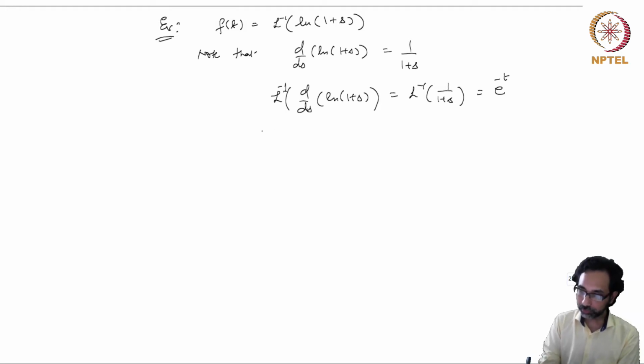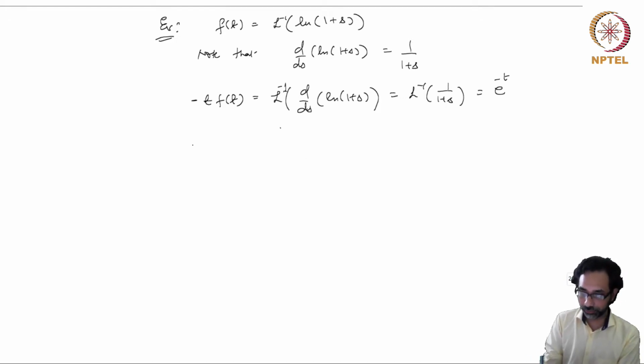So the inverse Laplace transform of the derivative is e to the power minus t. On the other hand, we know that this is equal to minus t f(t), because multiplication by t gives you minus the first derivative of the function.